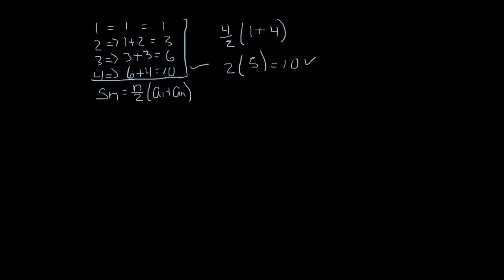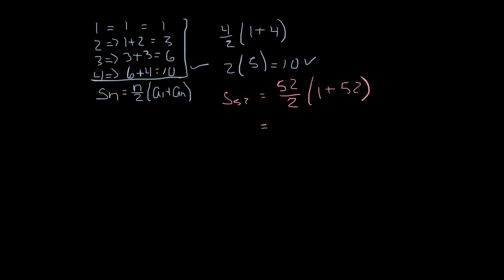Now, let's find out how much money we are going to have all together at the end of 52 weeks. So we have our S52 is going to be equal to the number of weeks, so 52 weeks over 2 times our first term, which is $1, plus our last term, which is 52.